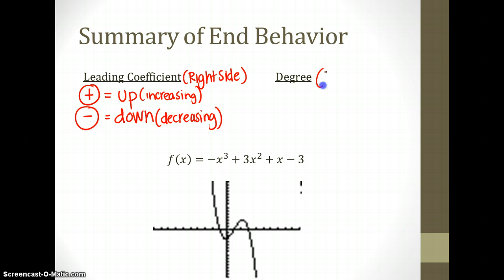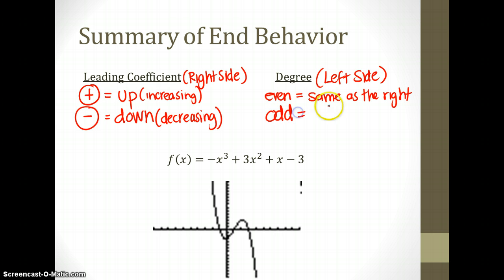The degree tells you about the left side. If it's an even number, that means it's the same as the right side. And if it's an odd degree, it's going to be opposite. So that odd and opposite matching up helps to remember this. Opposite from the right side.